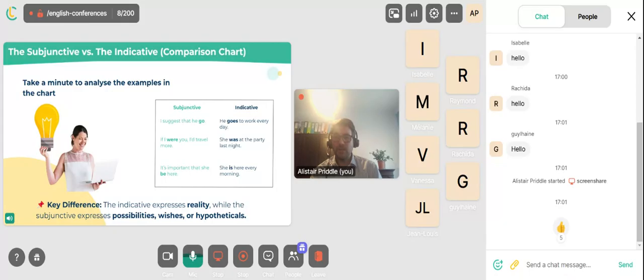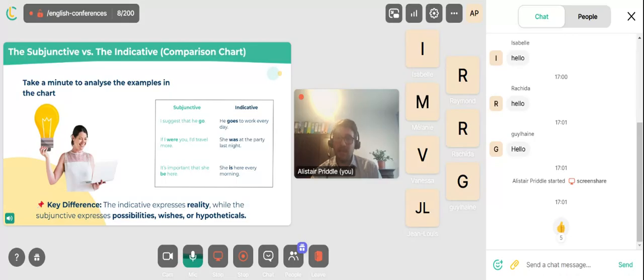The subjunctive, I suggest that he go. The indicative, he goes to work every day. The next line, subjunctive, if I were you, I'd travel more. The indicative, she was at the party last night. The last line, the subjunctive, it's important that she be here.